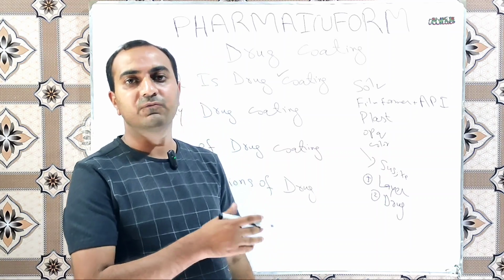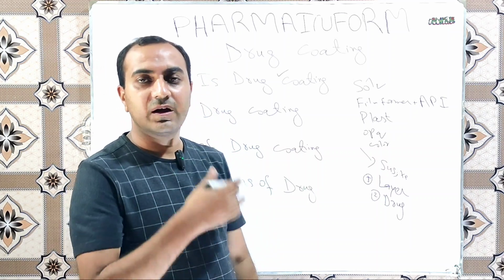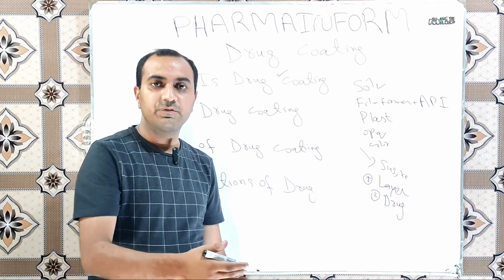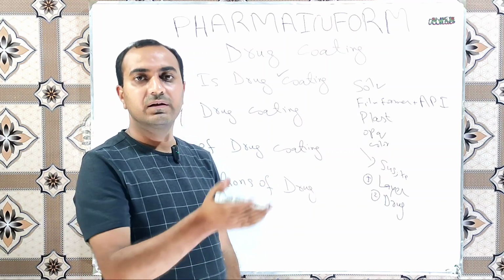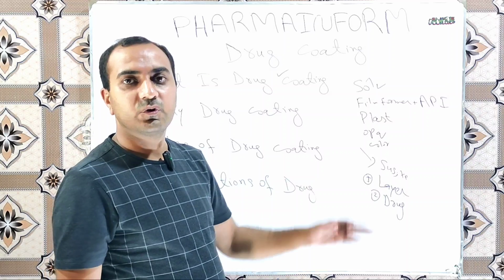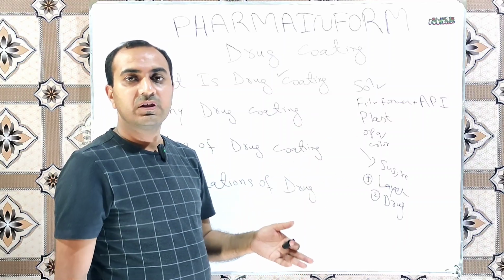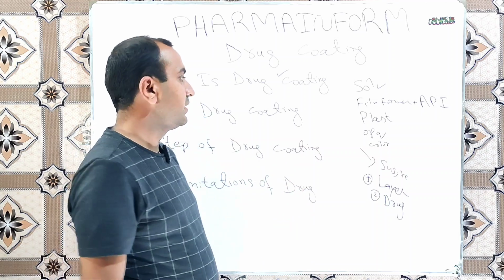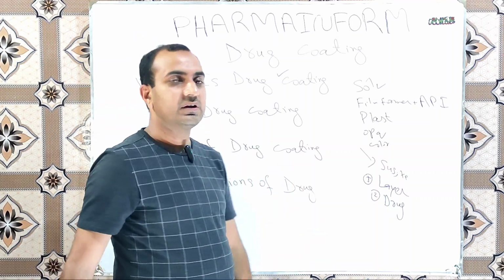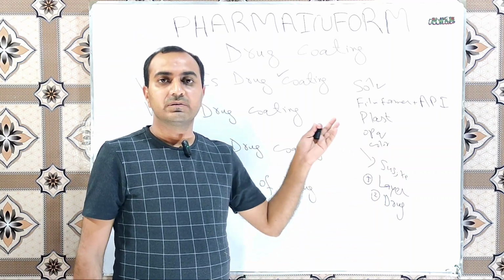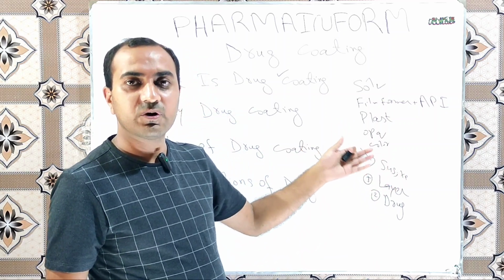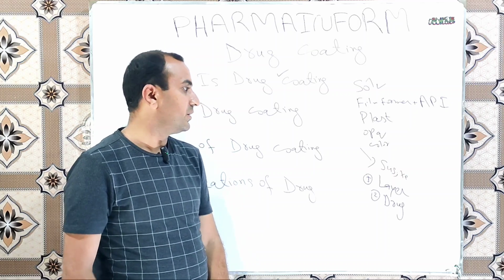In this case we add a neutral layer over the surface of the tablet and then add the other layer of API, so both APIs are not interacting with each other directly in the tablet. So that is why we use drug coating. The reason why we are not using bilayer tablets, I will record a separate video on that topic.